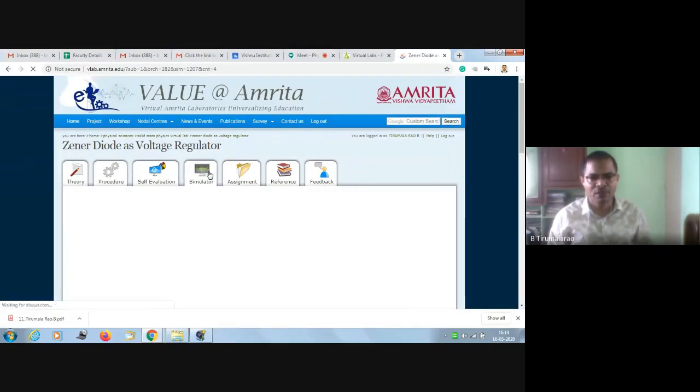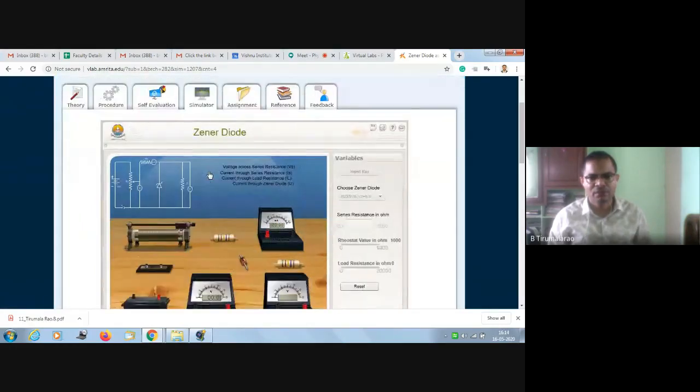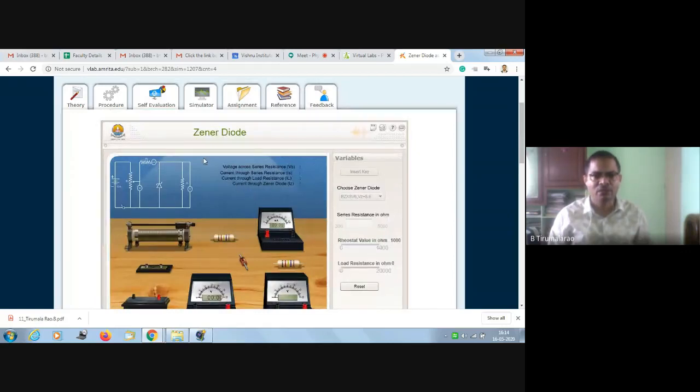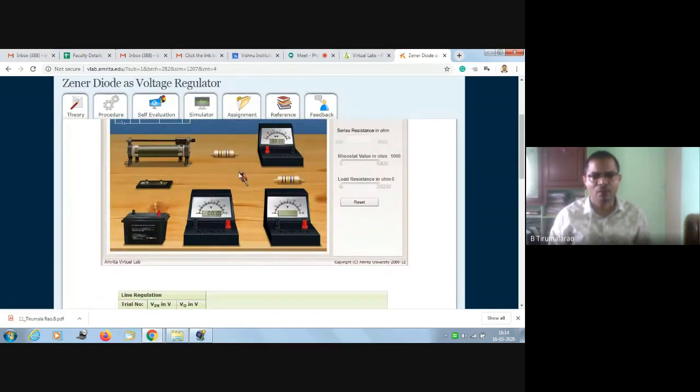Simulator. Go to the simulator. In the simulator, first it asks you to sign up. Actually I already signed in, that's why it is not asking, and I entered the simulator directly.